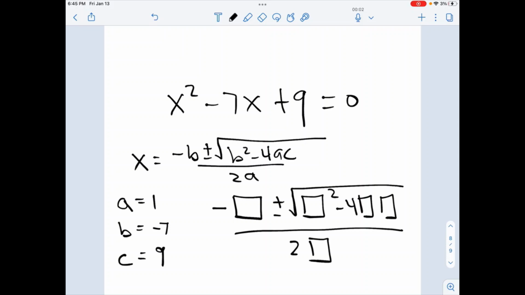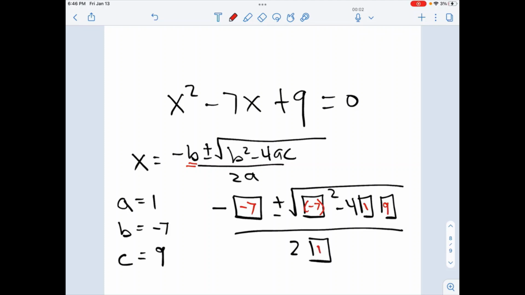And I'm just going to slot things in here. So in my equation, this negative b, I can write negative 7. Now there's a negative sign here already, but I still have to write the negative 7 because it's a negative 7. This is a 1, this is a 9, all of that over that.